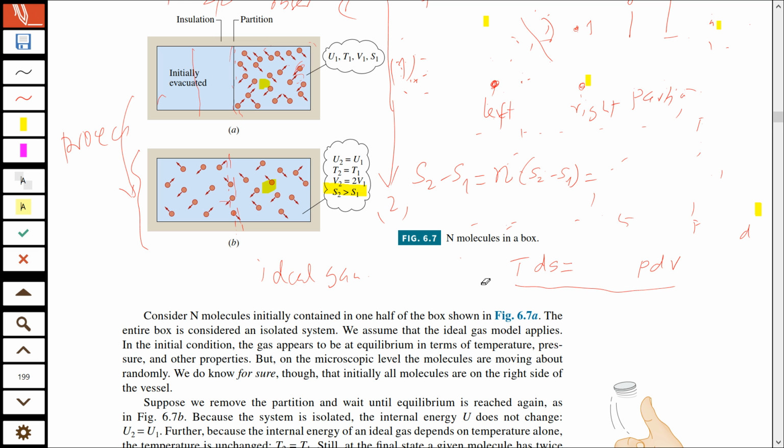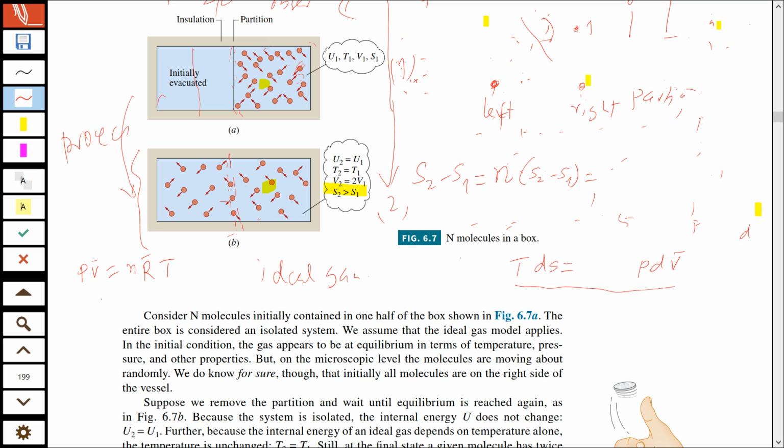Okay, now how do I incorporate the ideal gas equation? Ideal gas equation is PV equals nRT, yeah. So it's actually PV, this is V bar, okay, and this is R bar, yes.